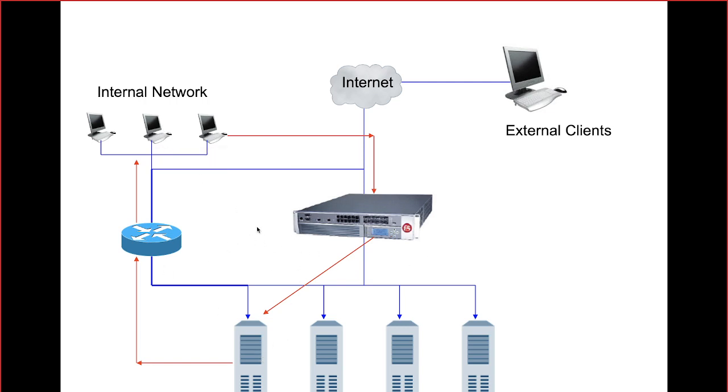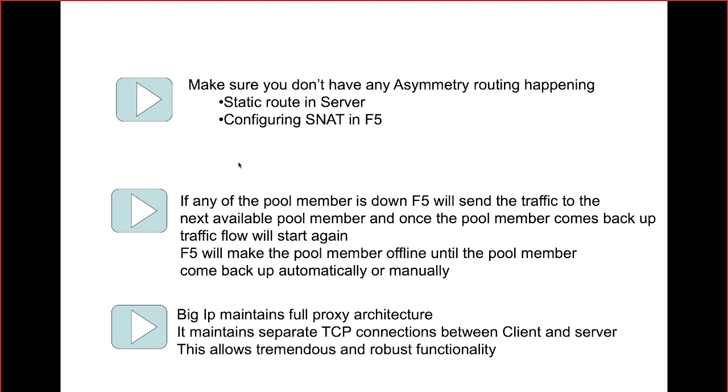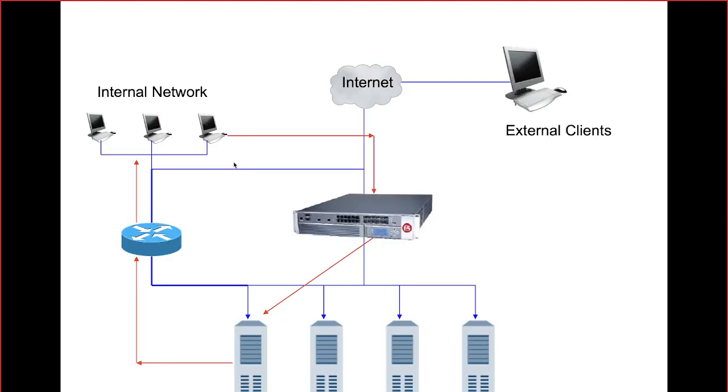We don't want this asymmetric routing to happen while you have an LTM. Any traffic which is forwarded through the LTM, the response should also go back to the LTM, and that's the reason. If you wanted to address the NAT, if you wanted to translate the source IP address, yes, you can do that. That's the point I'm emphasizing here. Any questions? Please ask me.